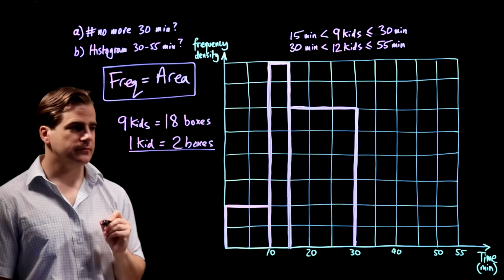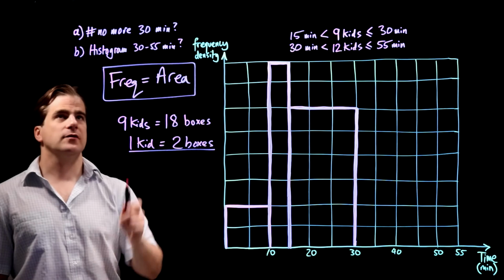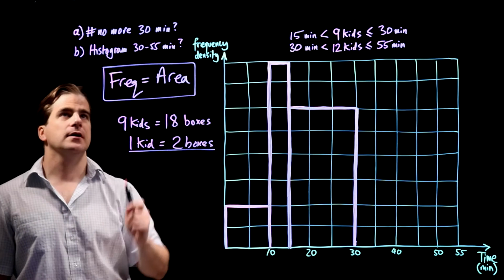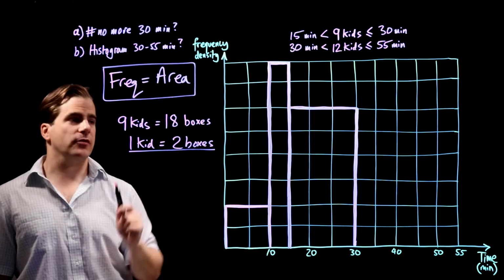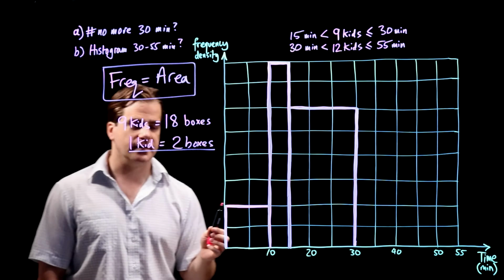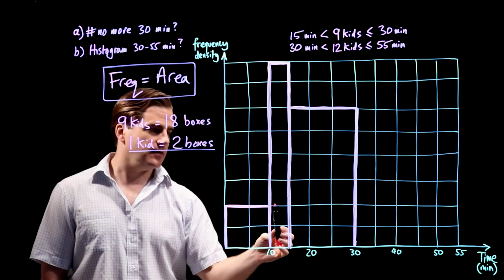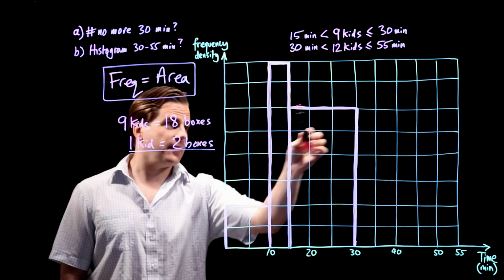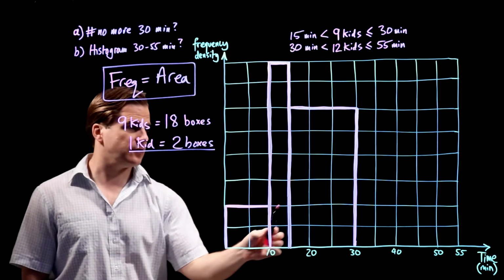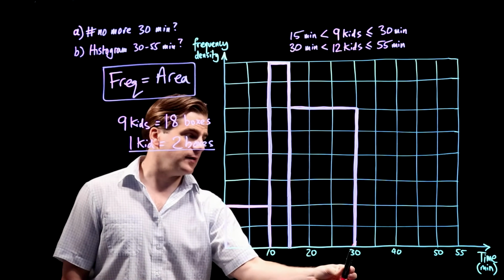So to answer the actual question, the number of kids who took no more than 30 minutes to get to school, it's asking for the number of kids represented by this box, this one, and that one, because these 3 boxes cover all the way from 0 to 30 minutes.